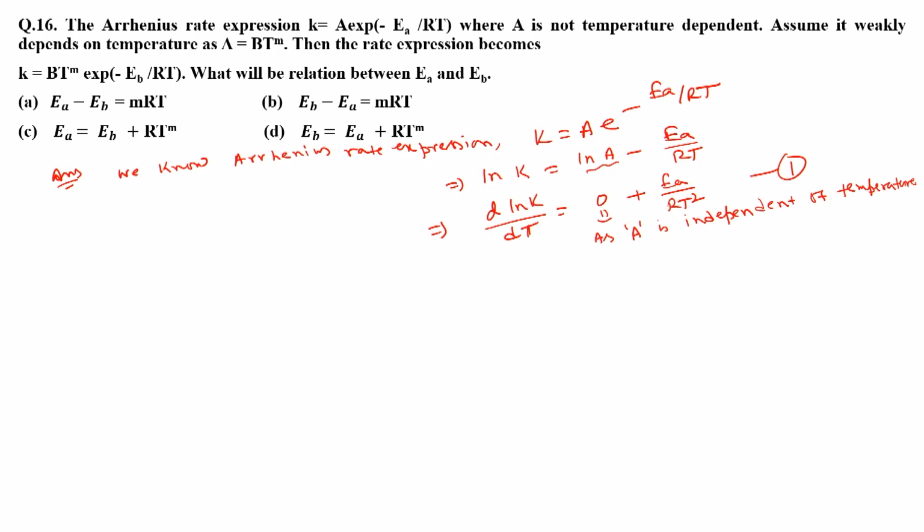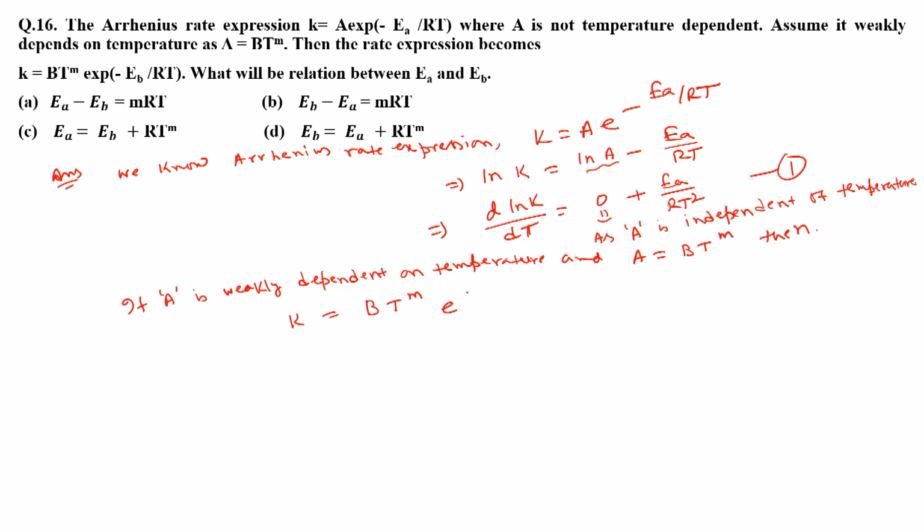Now if A is weakly dependent on temperature, and A is B T to the M, then we can write K is B T to the M e to the minus Eb by RT.